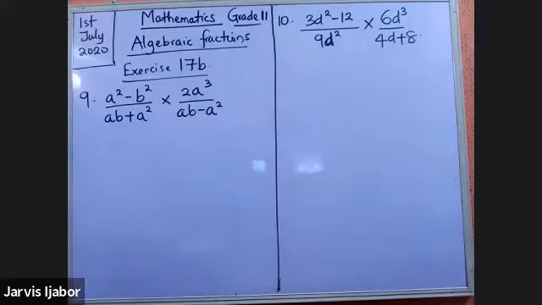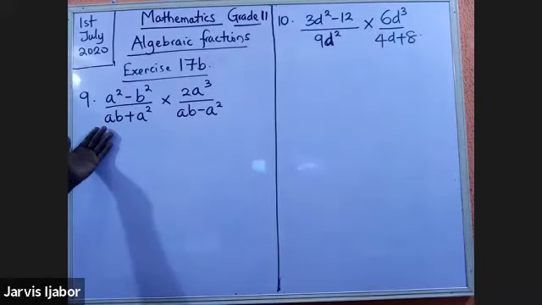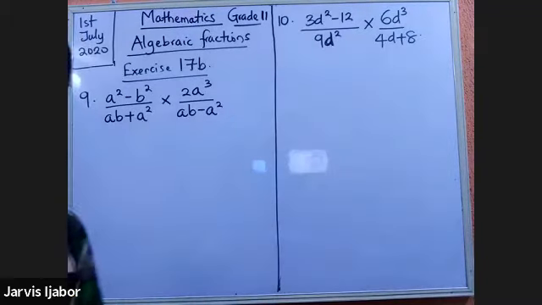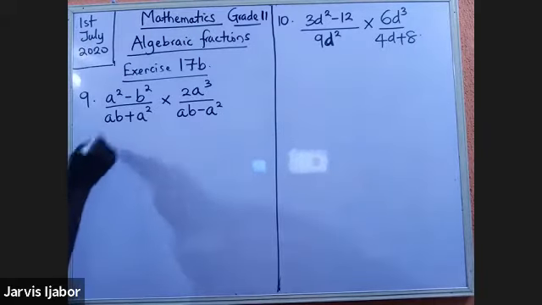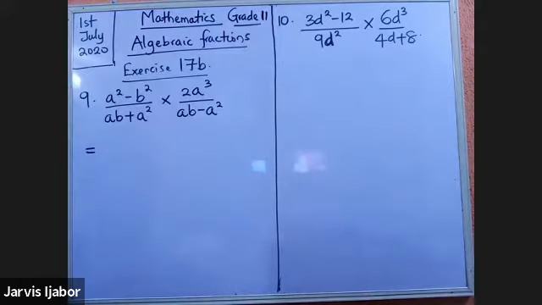Okay, now we have two questions, question 9 here and question 10, and we're going to try to solve them. Now, we start by looking at this. This is difference of two squares.